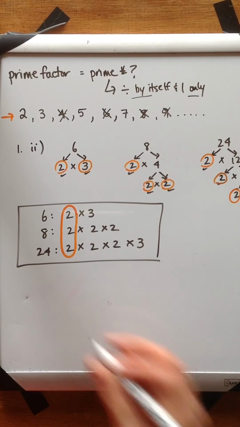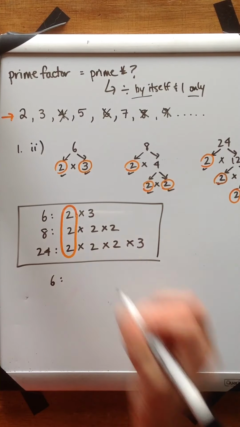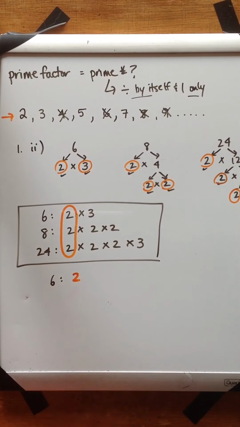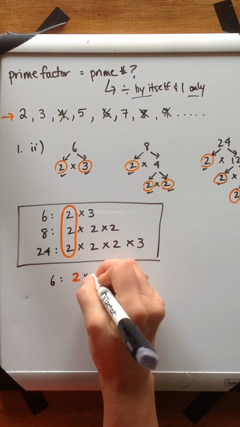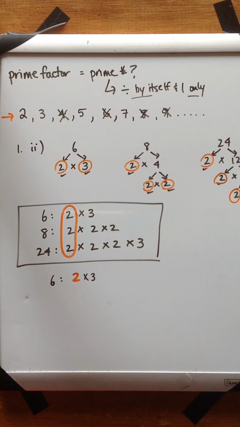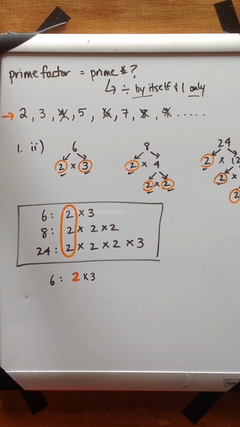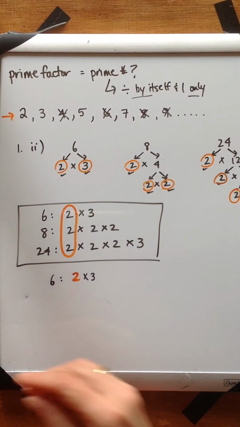So I can think of the number 6 as being 2 times 3. And I can think of the number 8 as being 2 times 4.